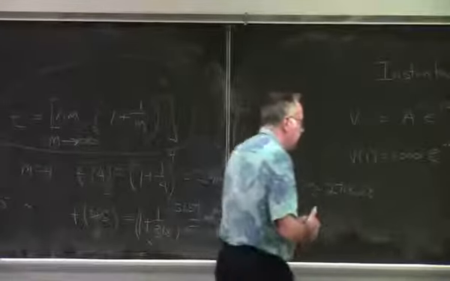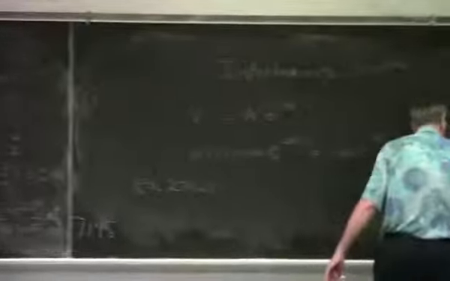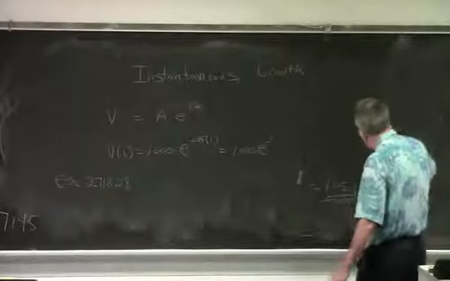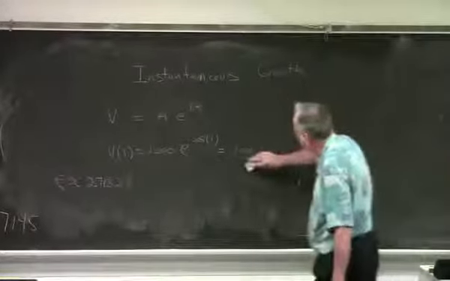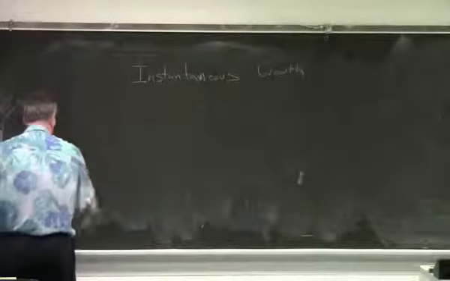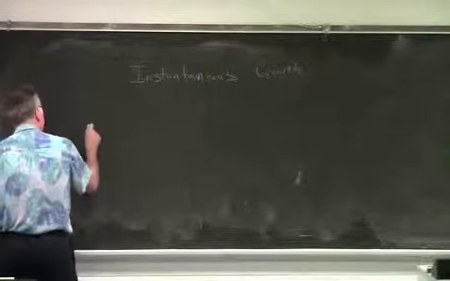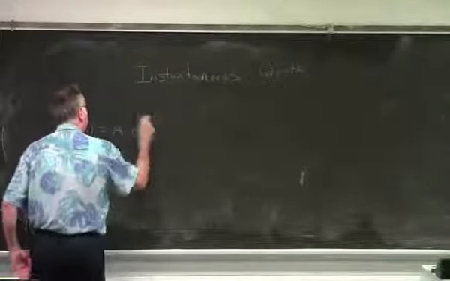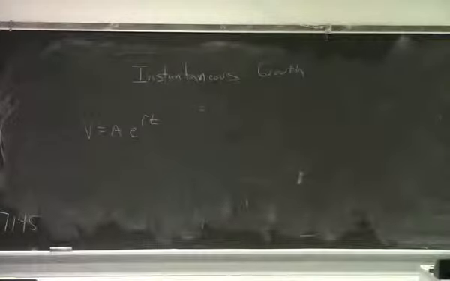Okay. Let me just give you the general formula. If you have continuous instantaneous growth, then the future value of money is given by this formula. V equals A times E to the RT. Where again, V is the future value of money.